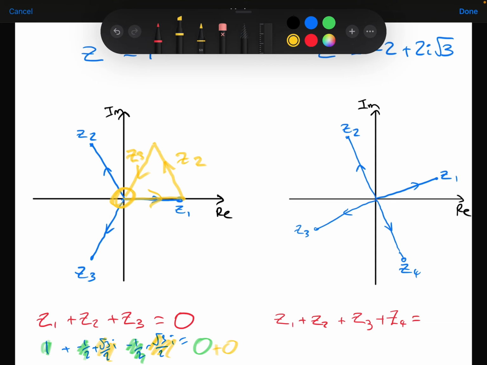Similarly, with the z to the power 4 solution, if I start by adding vector z1 and then add vector z2 to that, I get to here. Then if I add vector z3 to that, I get to here. And then if I add vector z4 to that, again, I get back to the origin. So the sum of those roots is equal to 0. And as I say, that is always going to be the case.